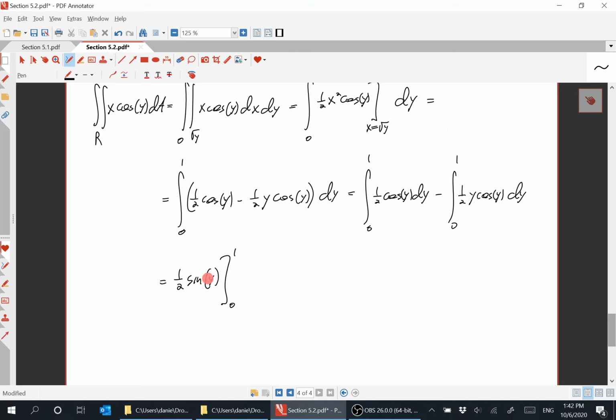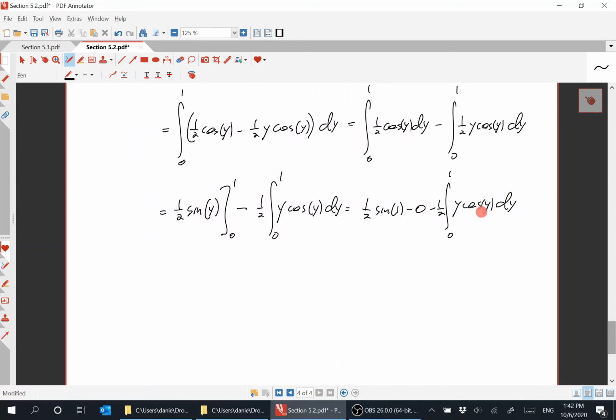Let's calculate this one first and then the other one second. Minus 1/2 the integral from 0 to 1 y cosine y. So this is 1/2 sine of 1 minus 0, minus the integral from 0 to 1 y cosine y dy. So this one you need to use integration by parts.